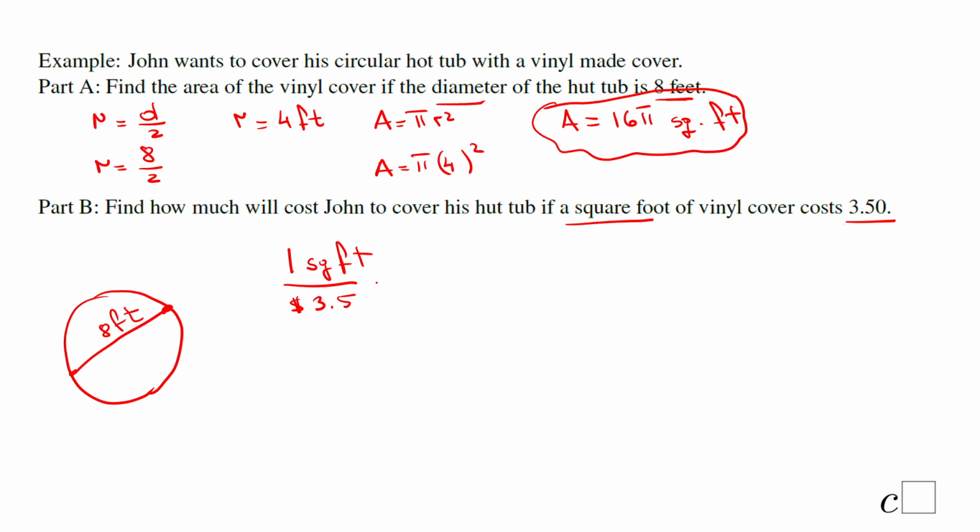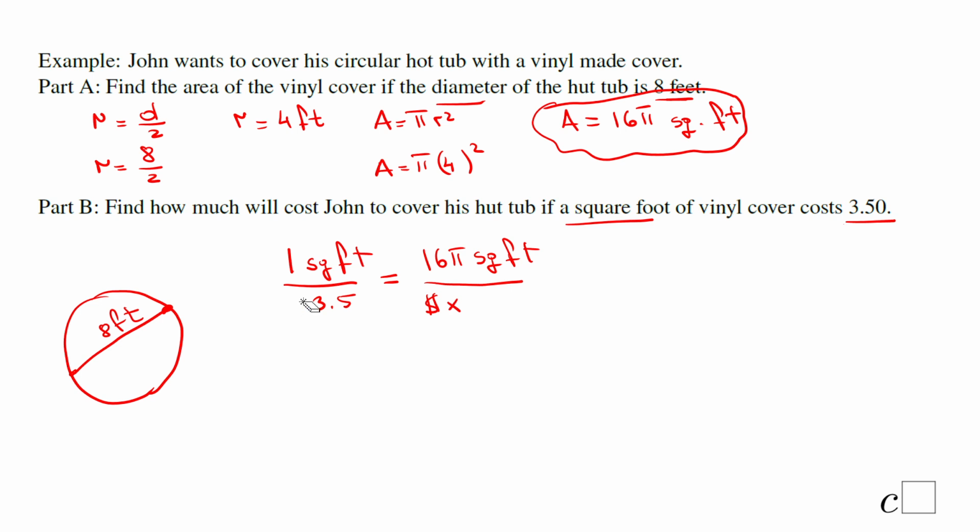So you notice this is my first part of the proportion I'm going to write, and then on the second part we're going to write what? The area of the hot tub, 16 pi square feet, over how much it is going to cost, x. Okay, you notice I put the units. It helps me to be consistent, to write the correct proportion.